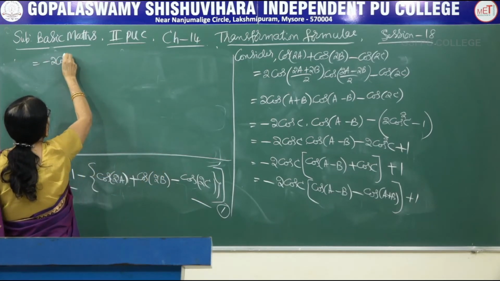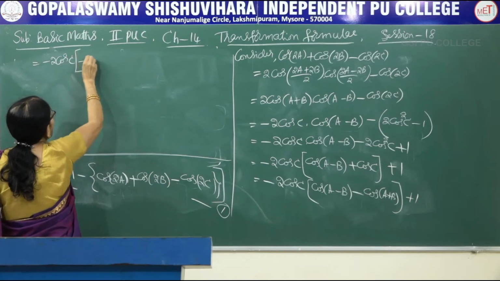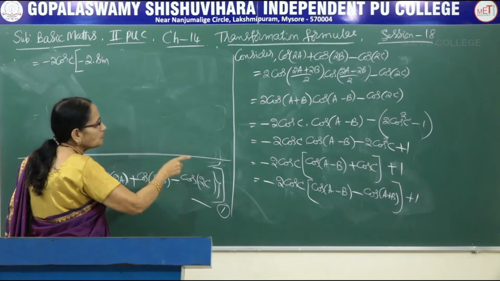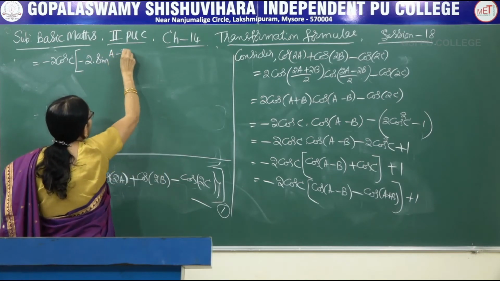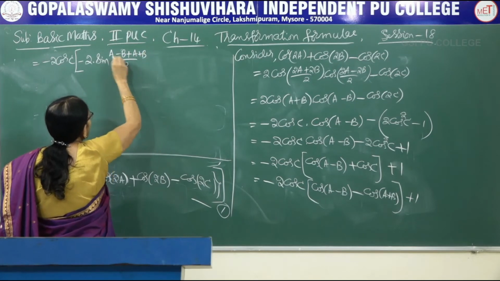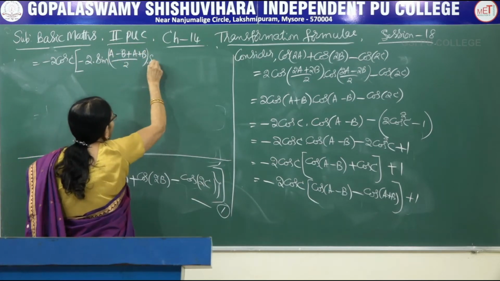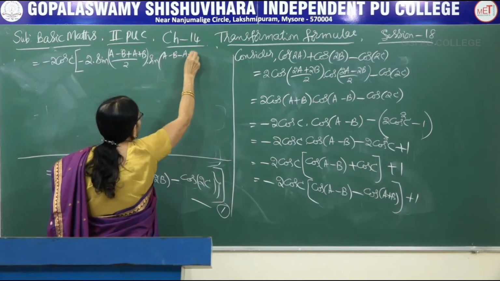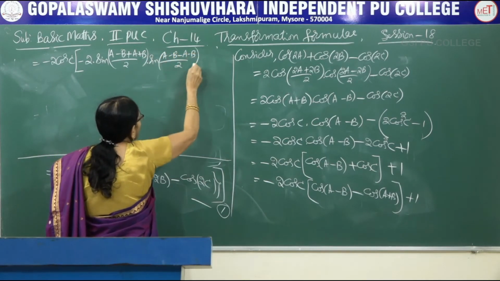So minus 2 cos C into minus 2 times sine of C plus D by 2, that is A minus B plus A plus B by 2, into sine of A minus B minus A minus B divided by 2.